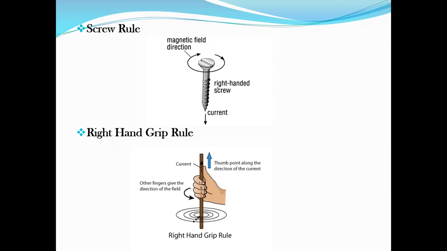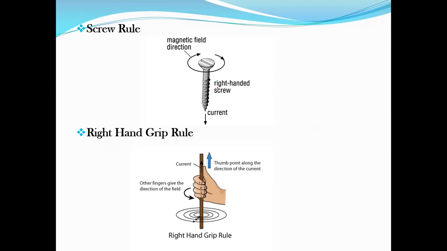Suppose we have a right hand and we are gripping a current carrying conductor. The thumb should represent the direction of the current. Suppose the current is passing through the top of that one.